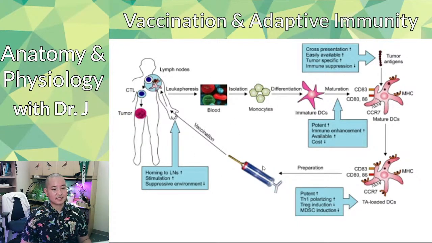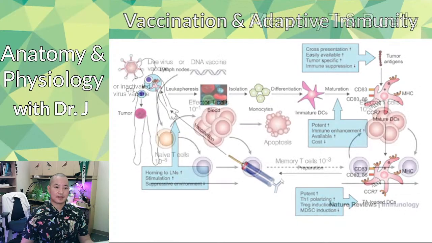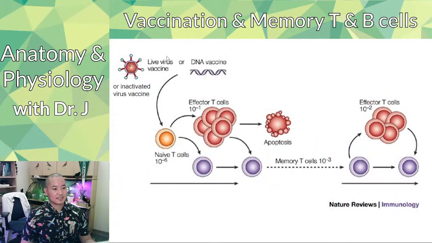Here we have a more traditional type of vaccine where you take an antigen and vaccinate someone in the hopes that they generate memory T and B cells that recognize that antigen from that pathogen. Now I should also add mRNA vaccines, because the whole purpose of this is to train your memory B and T cells to recognize that antigen before you're actually infected with that pathogen that has that antigen.